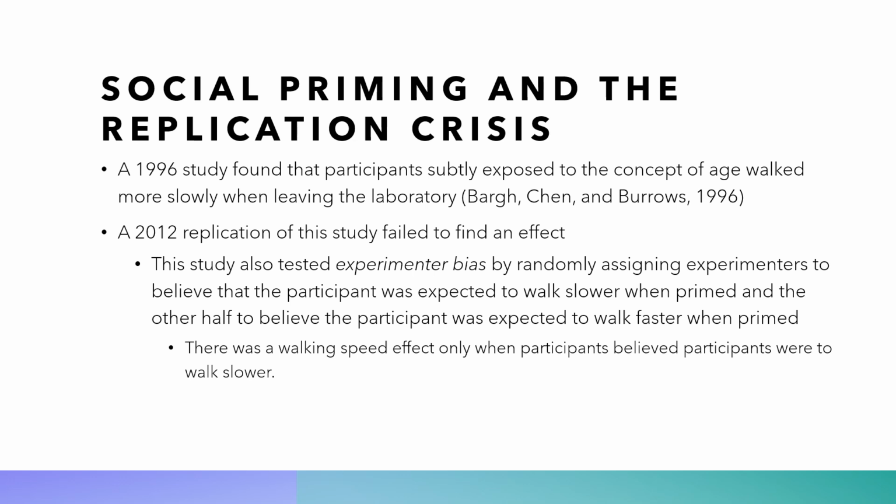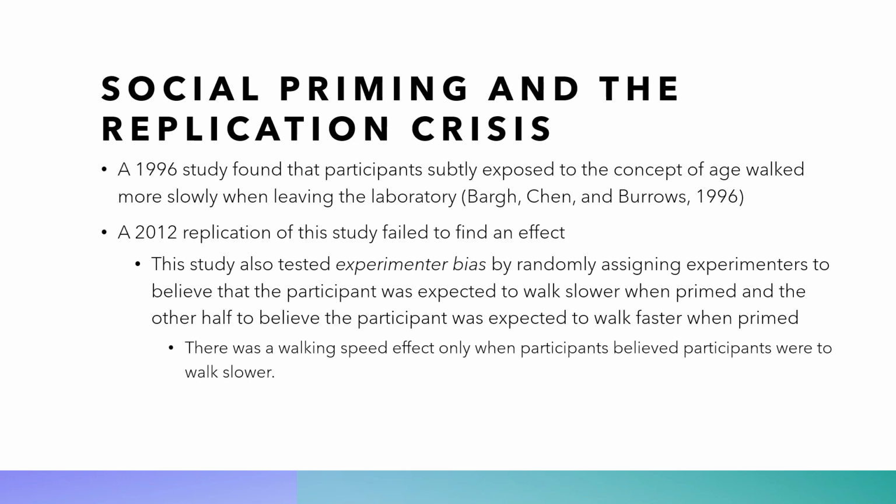So a 2012 replication of this study failed to find an effect. So they did not replicate it. They also went on to test whether or not this effect was due to experimenter bias. So it's well known that researchers or experimenters who know the hypotheses of the study might consciously or unconsciously influence the study.